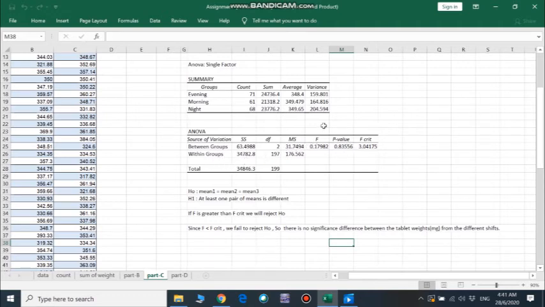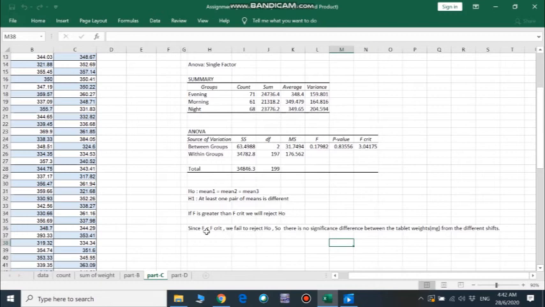The F can be obtained from the MS between groups divided by the MS within groups. The hypothesis says that all the means should be equal to each other, and for the hypothesis to be rejected, at least one pair of means is different. From this data, we get an F. If the F is greater than the F critical, then we will reject the H0.